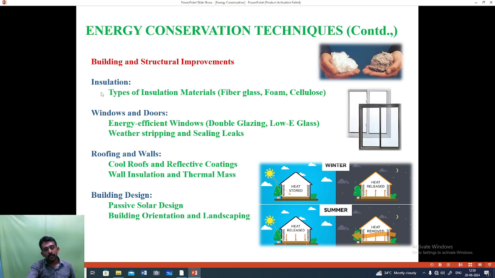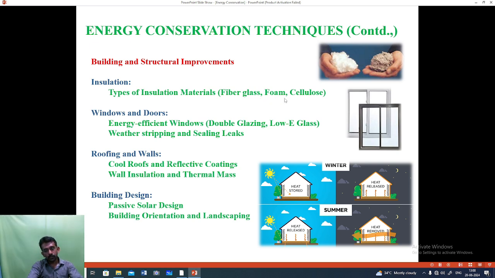So, the types of insulation materials: we are coating the home with these materials. That is fiberglass, a plastic material in the form of polymers. We use fiberglass to block the heat coming from the environment into our home, thereby reducing the usage of fans and air conditioning systems.